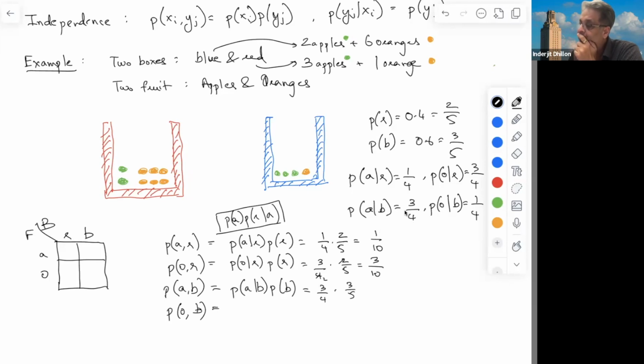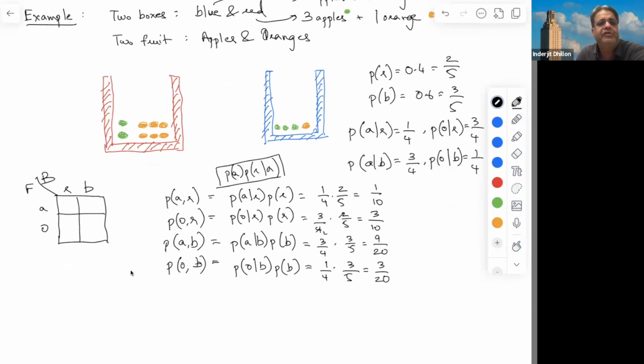So that becomes 9/20. And P of orange given blue box, P of blue box. P of blue box is 3/5, and this is 1/4. So this is 3 divided by 20.